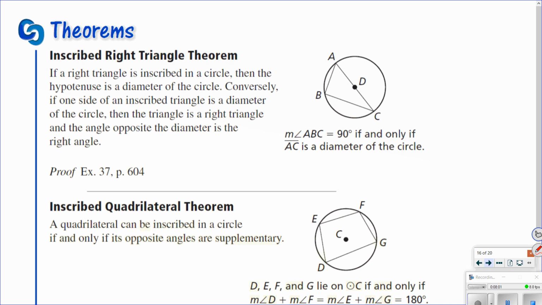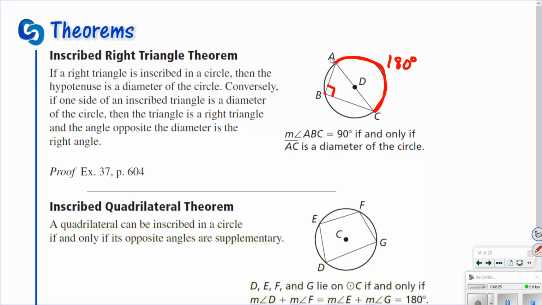If we say a triangle is inscribed, that means every vertex of the triangle is on the circle. Well, think about this. If it's a right triangle, that one has to be 90. That means it intercepts this arc, which is a semicircle, which means it's 180 degrees. That's what will always happen, right?